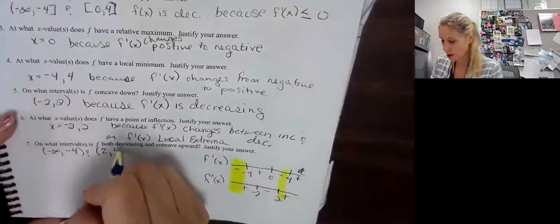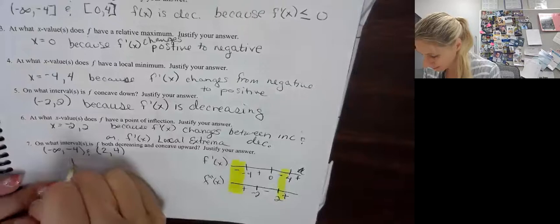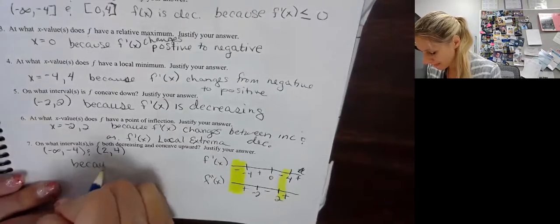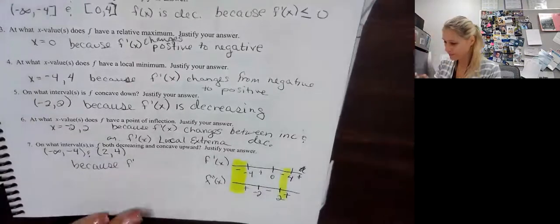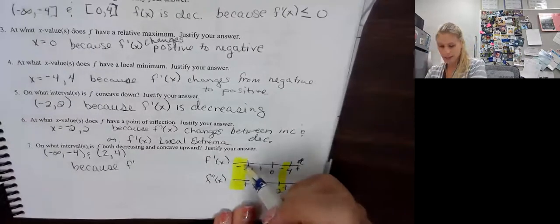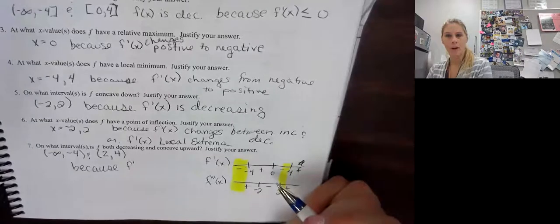Now, how do we know this? And we have to do it based on f of x, or f prime. Because f prime, and how did we know that? f prime was negative, and this is concave up, but what did concave up mean for f prime?